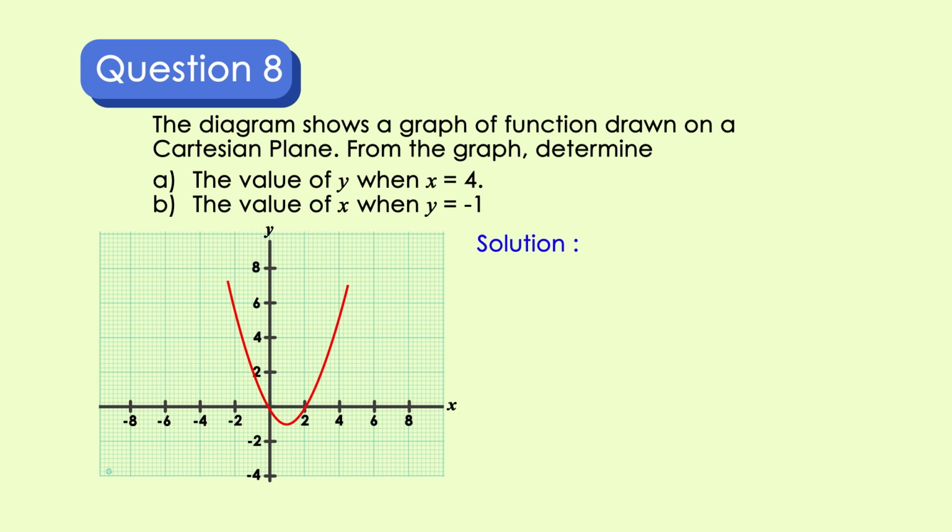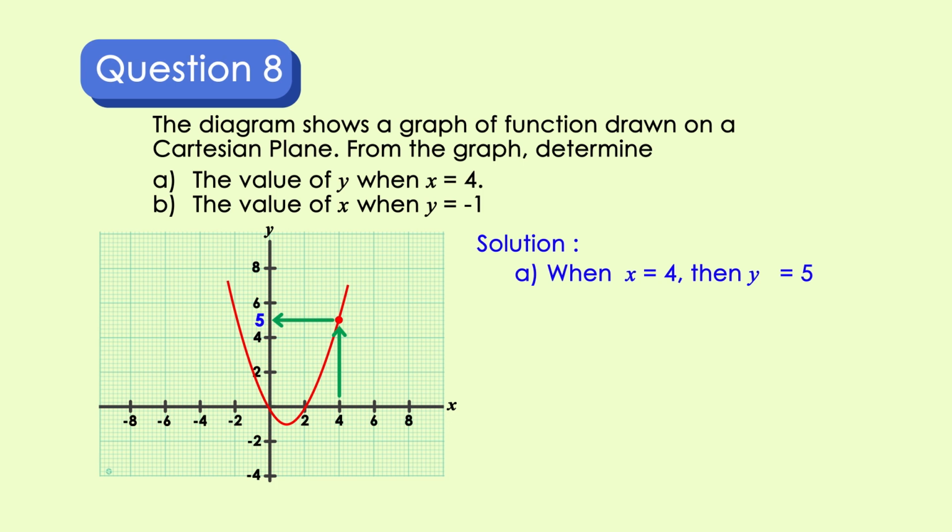On the graph, draw a straight line at x equals 4. Then, find the value of y that intersects with this straight line and the curved line of the function, which is 5. So, when the value of x equals 4, then y equals 5.